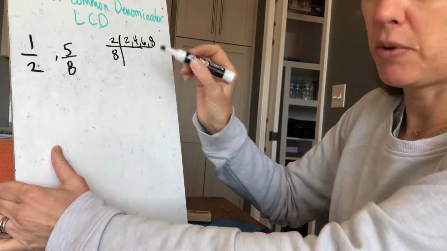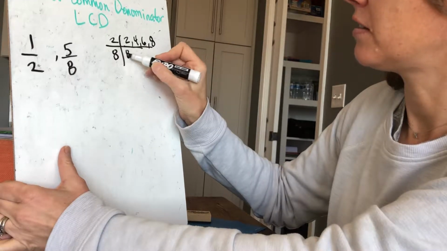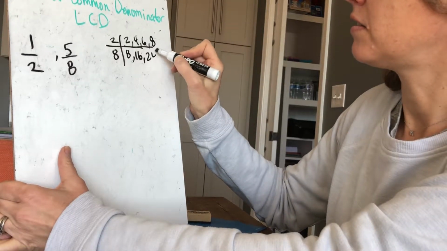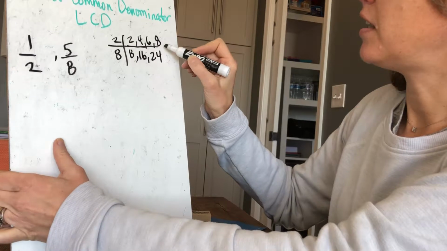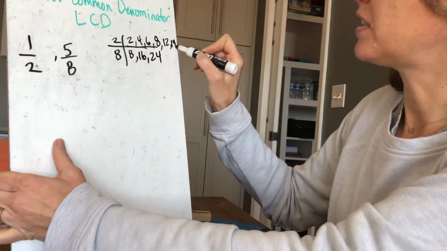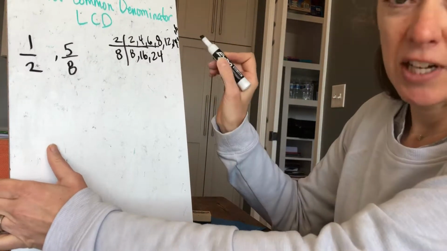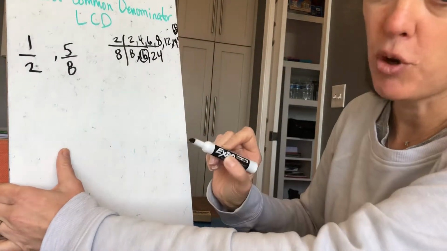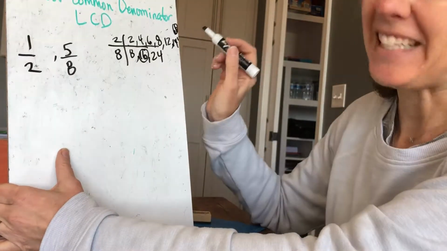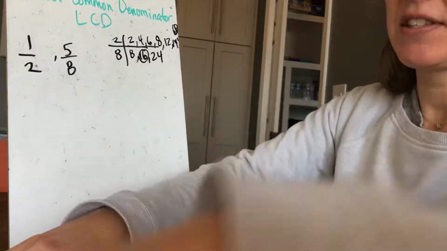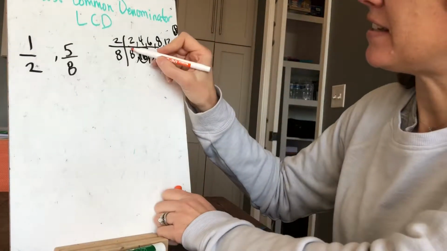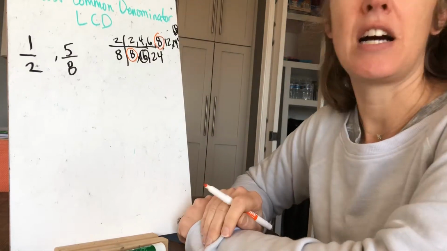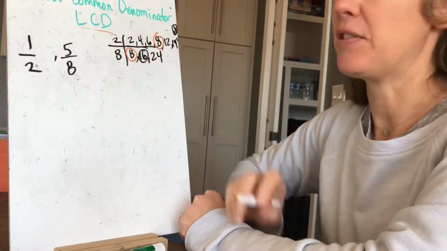I have it written down already, don't I? Now, if we kept going, 14, 16, I ran out of room here, but you can see that 16 is a common multiple, but it's not the least common multiple. In this case, we see that 8 is the least common multiple, also known as the LCD.